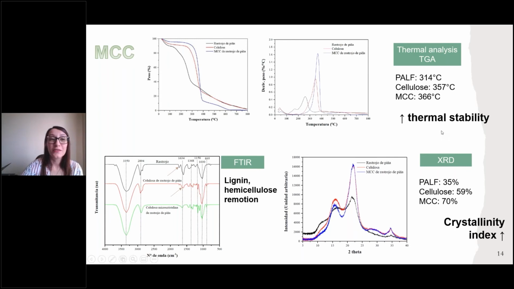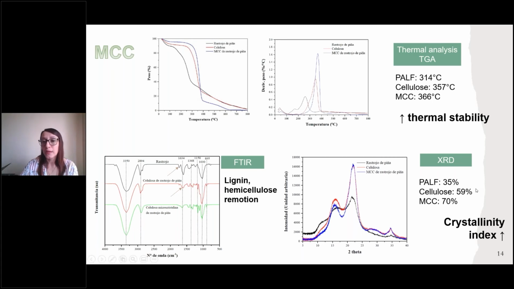For the microcellulose, we did a thermal analysis. As you can see, the thermal stability increases when you go from the PALF to microcellulose. For the infrared analysis, usually we focus on these areas to look if the lignin and the hemicellulose were removed during the first processes.